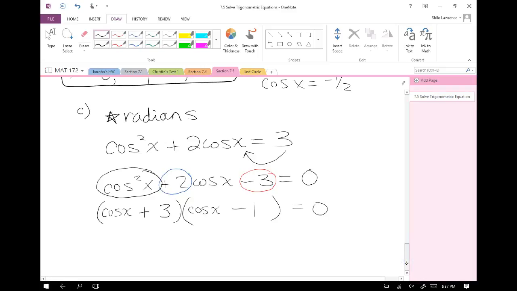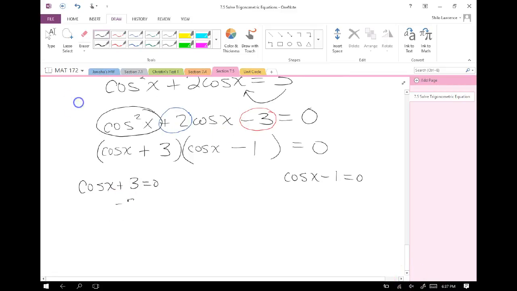And now that we have the left factored and it's equal to 0, now we can separate them. So either cosine x plus 3 equals 0 or cosine x minus 1 equals 0. So now we still need to isolate our trig function.